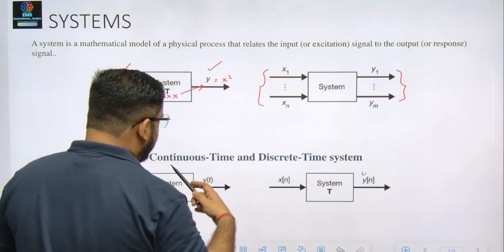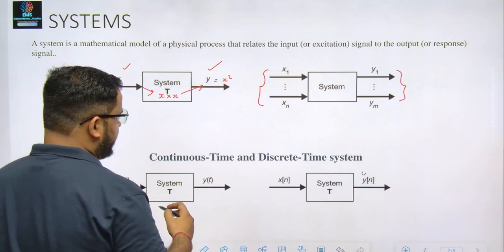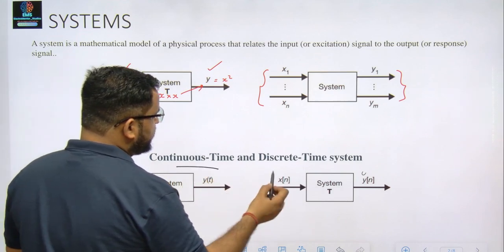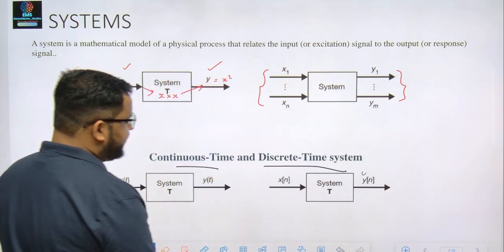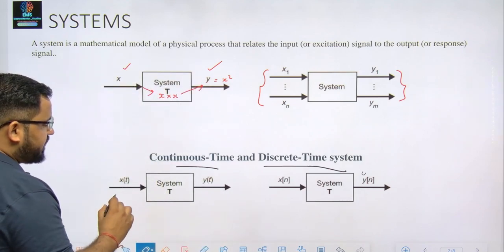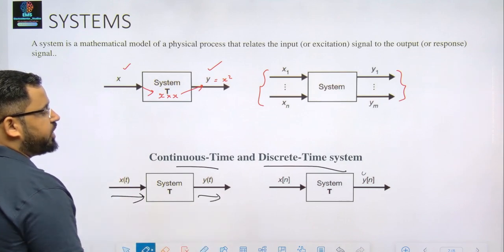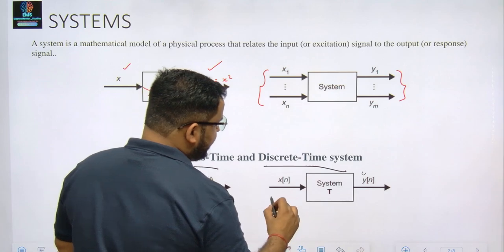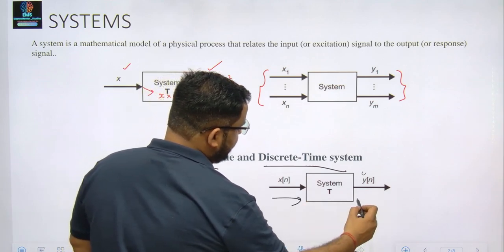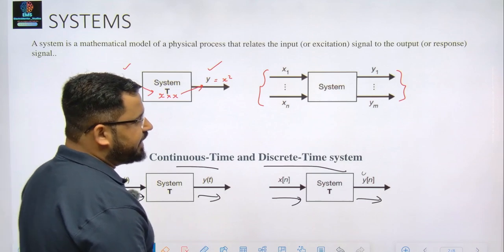Now, similarly, as we have two types of signal, we have a continuous time system and a discrete time system. In continuous time system, input is continuous, output is continuous. In discrete time system, input is discrete and output is discrete.